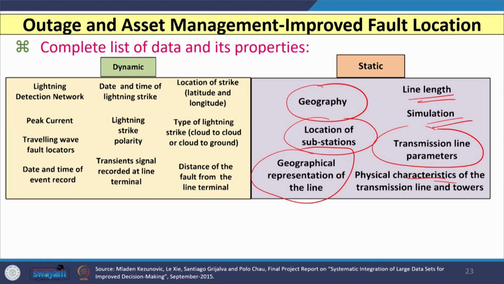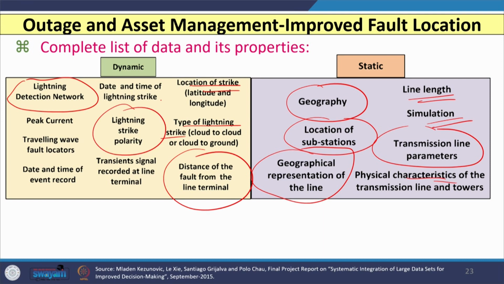Whereas, we have some dynamic data related to the lightning detection network: the location of a strike, latitude and longitude, the type of lightning strike, cloud to cloud or cloud to ground, the distance of the fault from the line terminal, lightning strike polarity, date and time of the lightning strike, and peak current. We also have the travelling wave fault locators, with the date and time and event of the record. Such data are dynamic in nature, they may change depending upon the weather conditions and some other parameters.